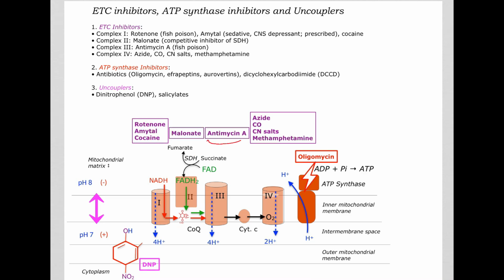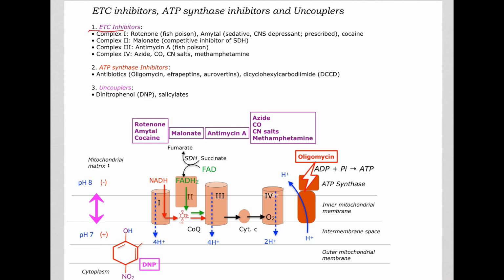The antibiotic antimycin A, which is also used as a fish poison to get rid of invasive fish species, is an inhibitor of complex 3. Azide, that is often used as a preservative, carbon monoxide, cyanide salts, as well as methamphetamines, these are all examples of chemicals that will inhibit electron transfer in complex 4.